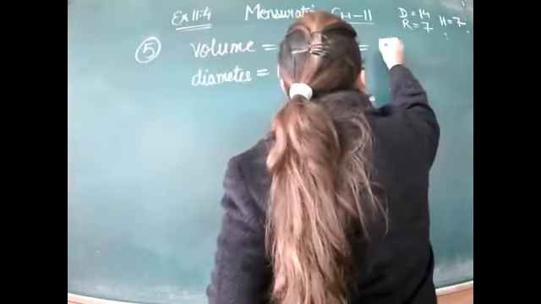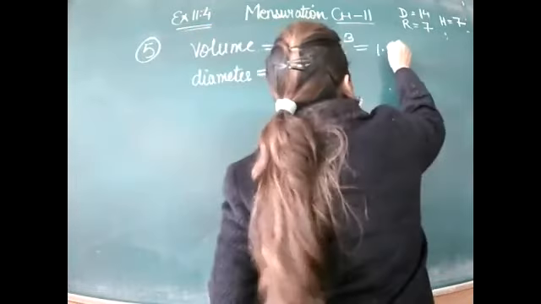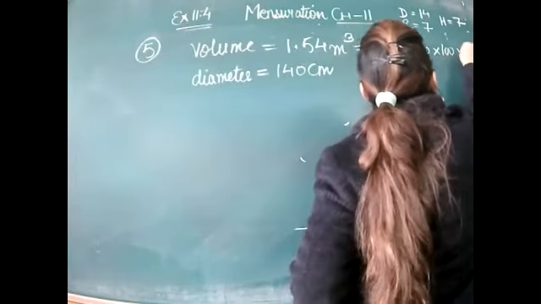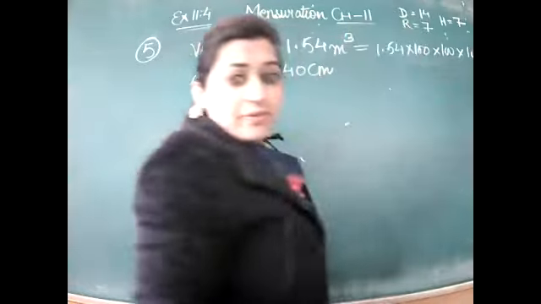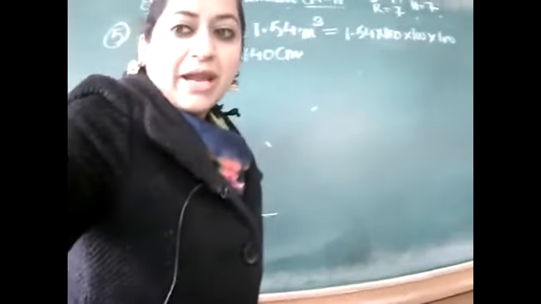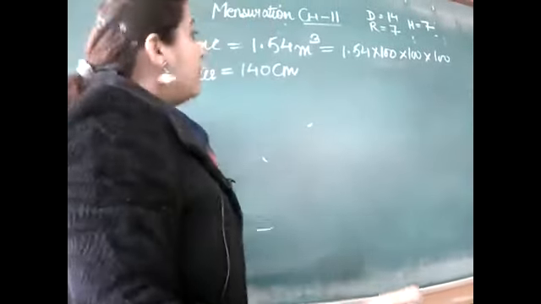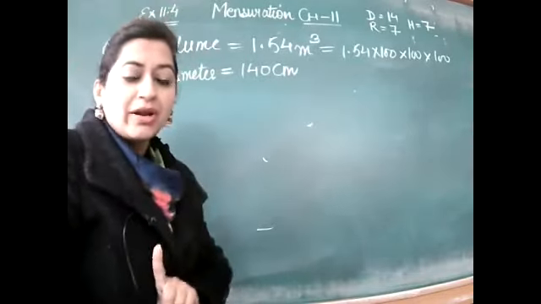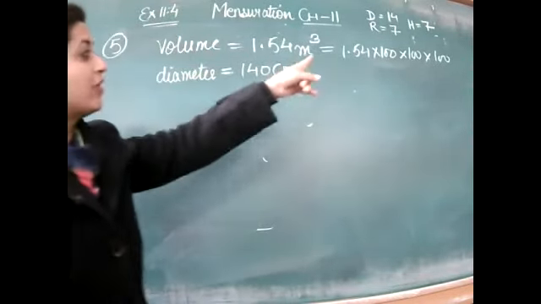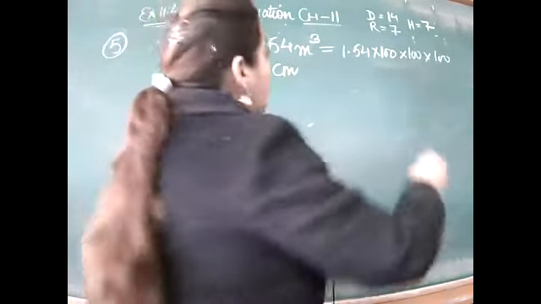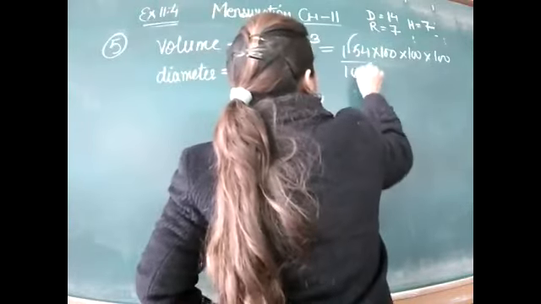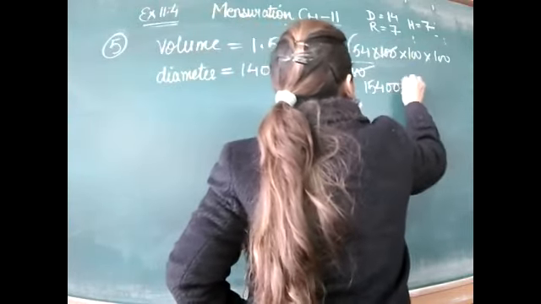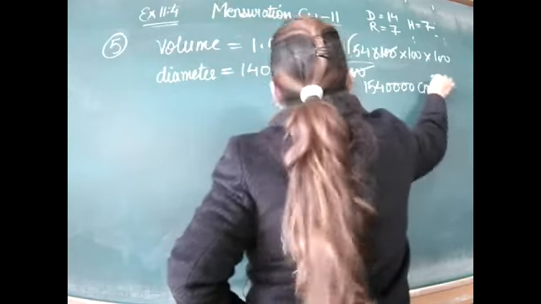So when you convert this, you will multiply it with 100, 100 and 100. Is it clear? You will multiply it 3 times with 100 because we are having meter cube and 1 meter is equal to 100 centimeter. So meter cube will be equal to 100 into 100 into 100. When you remove this, we get 154 with 4 zeros centimeter cube.